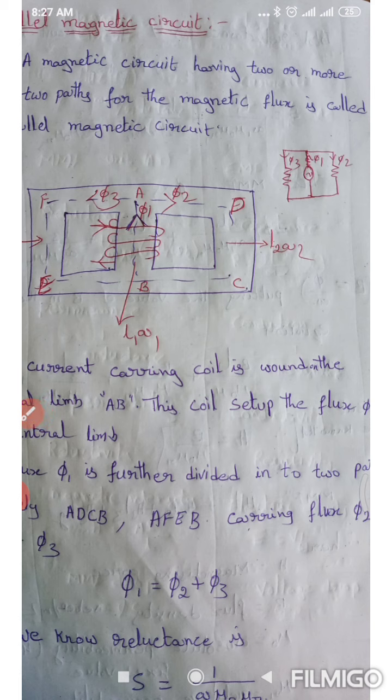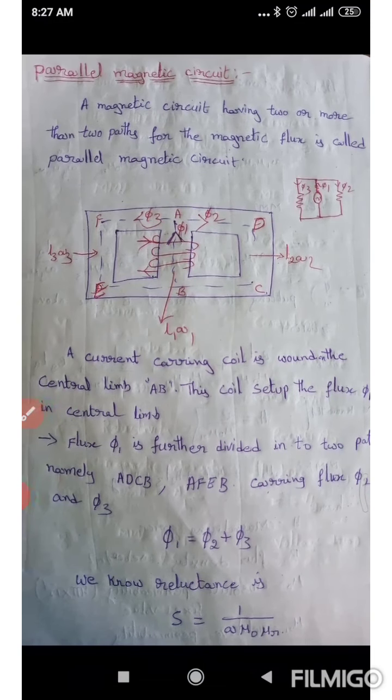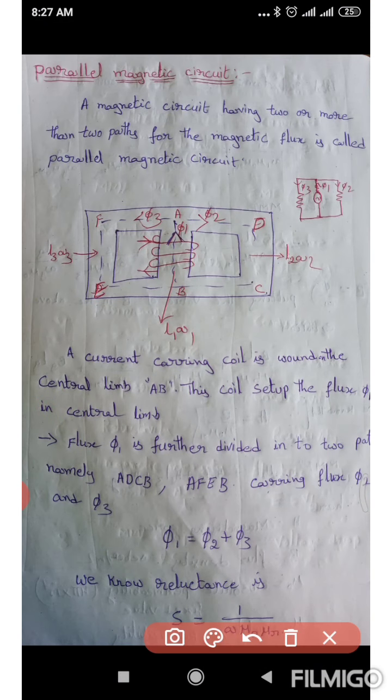We analyze the parallel magnetic circuit in the same way. Before analyzing, let's see some assumptions. Let us consider this path AB is made of some material, AFEB is made of another material, and ABCD is made of another material, with different cross sectional areas.